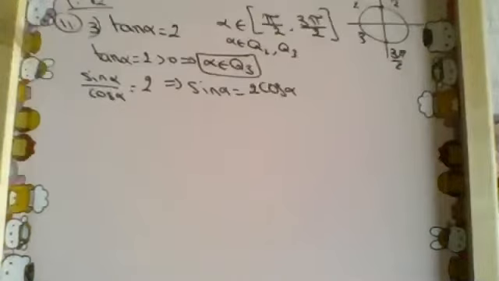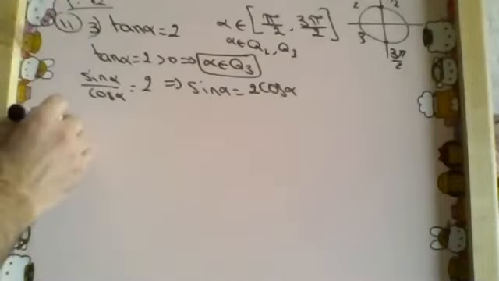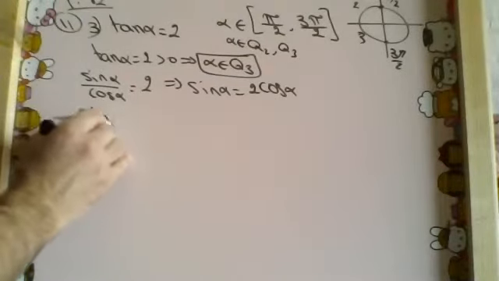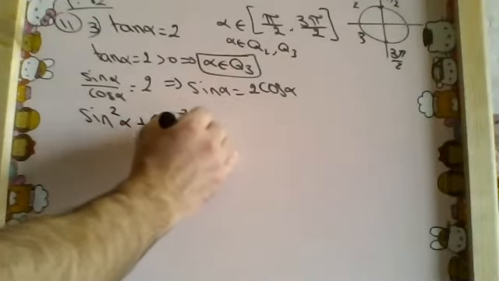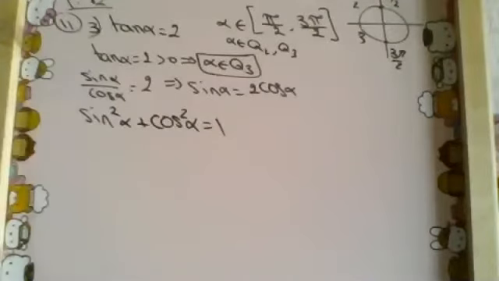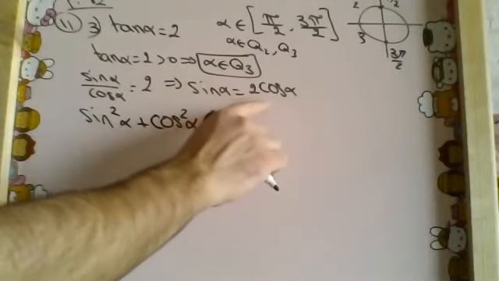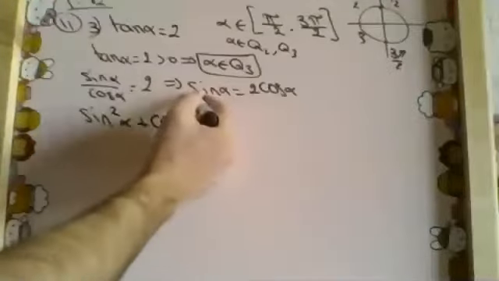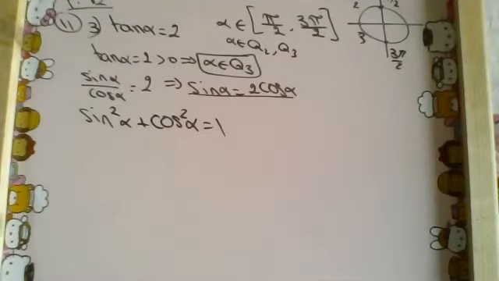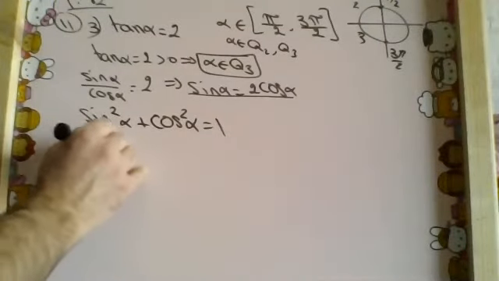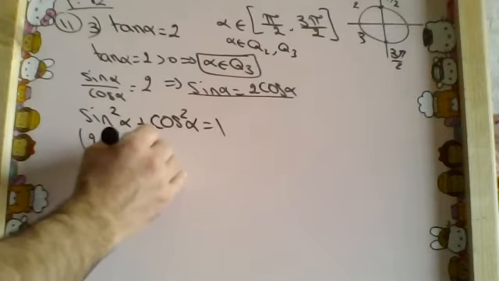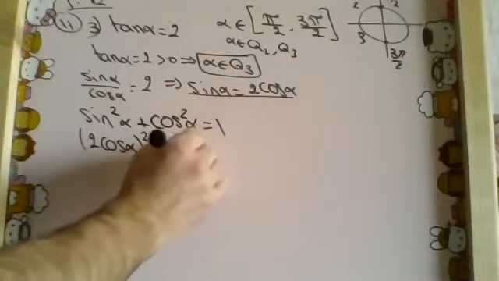Another rule that we know is sine squared alpha plus cosine squared alpha equals 1. Now replace sine alpha by 2 cosine alpha. So you get 2 cosine alpha, squared, plus cosine squared alpha is equal to 1.